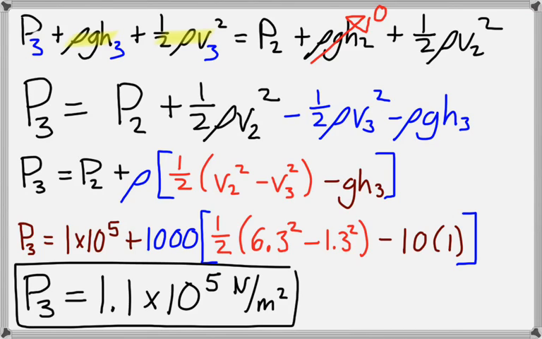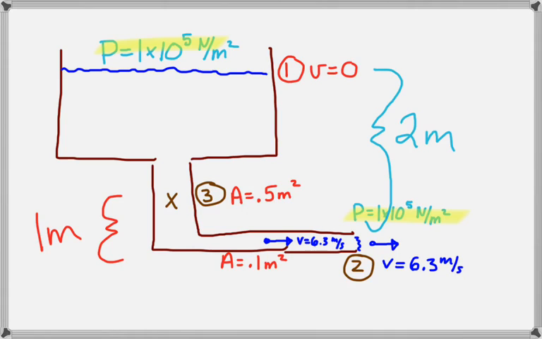So to kind of go back to my original question, like 20 minutes ago, going back to this diagram, did the pressure at point 3 end up being bigger or smaller than at point 2? A little bit bigger.